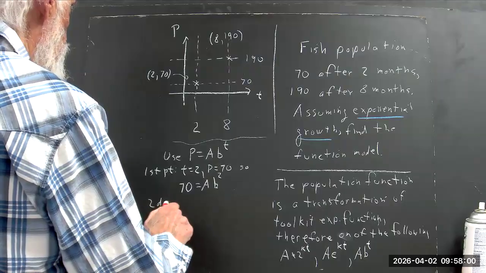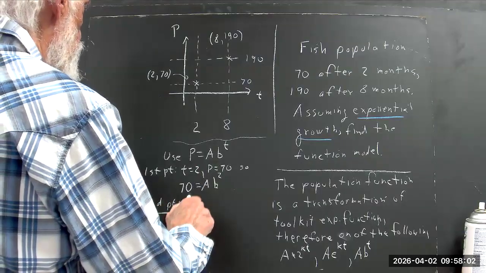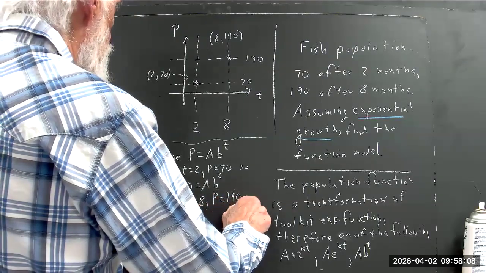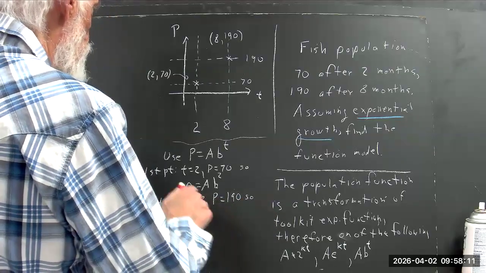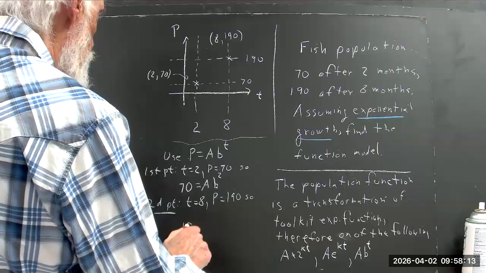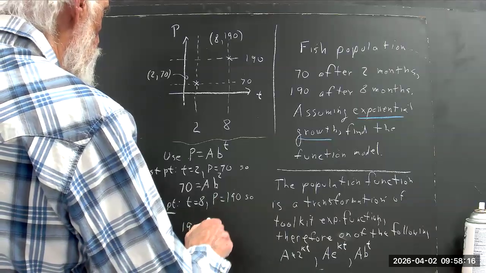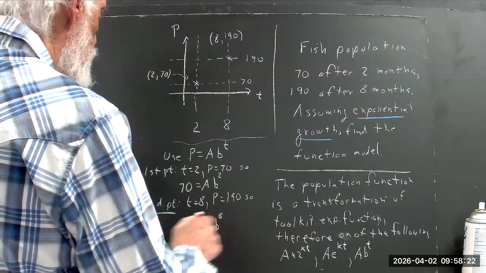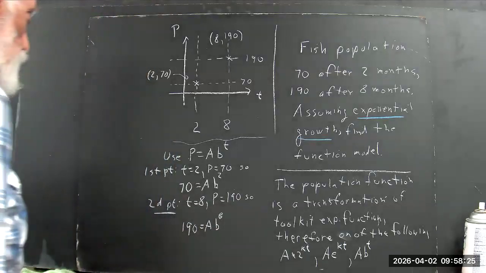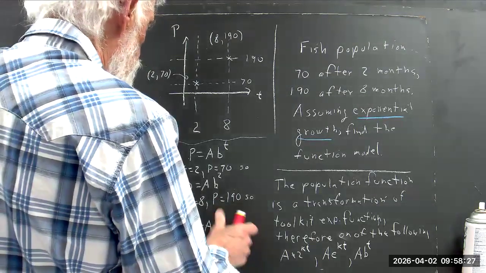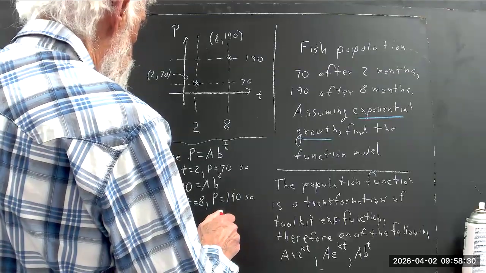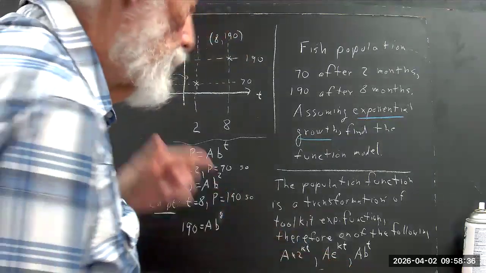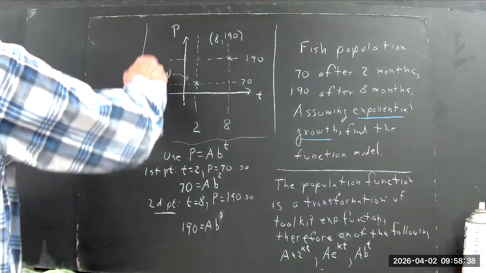Second point: t equals 8, p equals 190. So we get the equation p, which is 190, equals a times b to the t, and t is 8. So now we have these 2 simultaneous equations that we need to solve to find the values of a and b. Once we know the values of a and b, then we have a perfectly good formula that we can use to answer questions about this model.